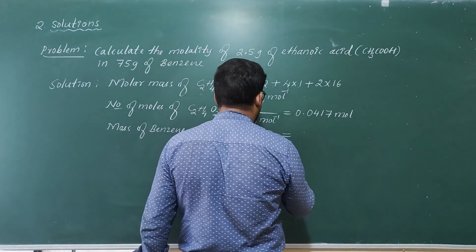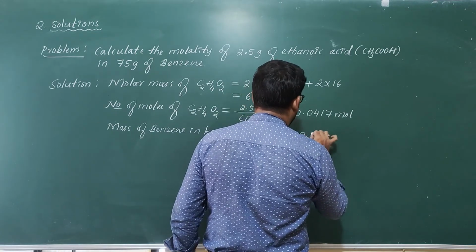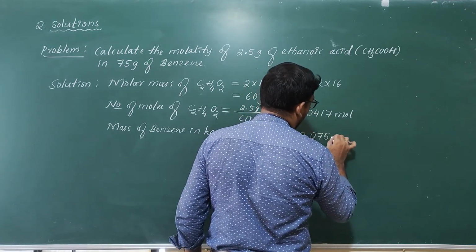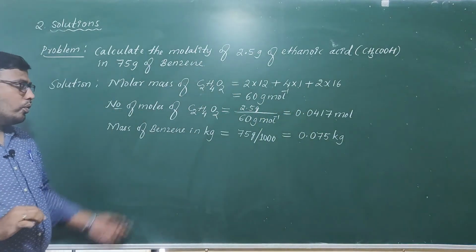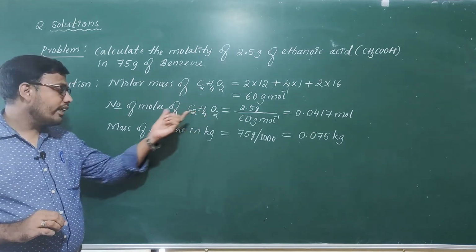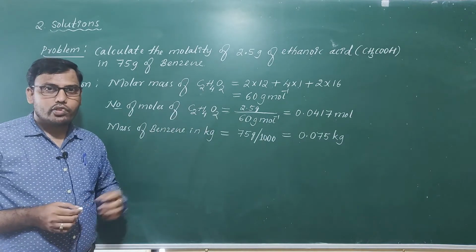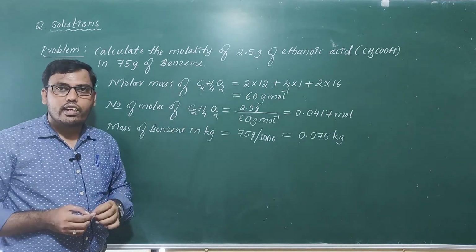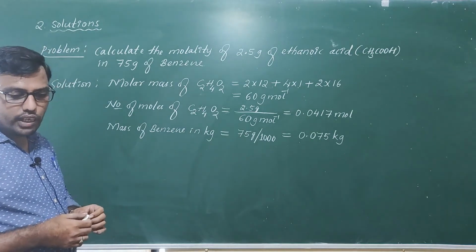So that's why I have divided by 1000. So you will get 0.075 kg. So number of moles of ethanoic acid is our numerator. Mass of benzene in kg is our denominator. So we have both numerator and denominator. Just divide it, you will get the value of molality.